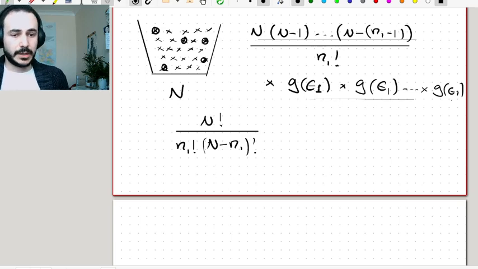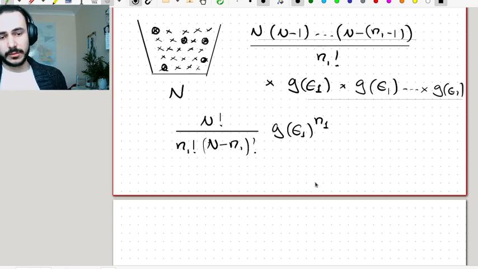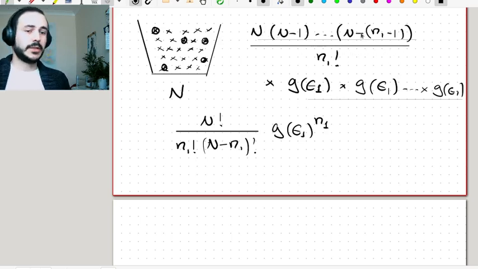Okay, and then here I have a product of g_E1, n1 times, which is g_E1 to the power n1. That's for particle 1. Okay, now for particle 2 it would be very similar, but instead of starting with n, we would start with n minus n1, and we would end up in n minus n1 plus n2 minus 1, and so on and so forth.